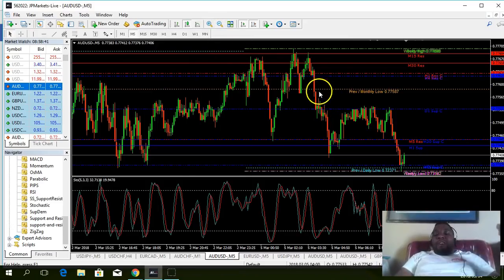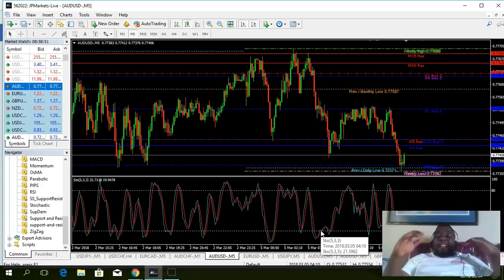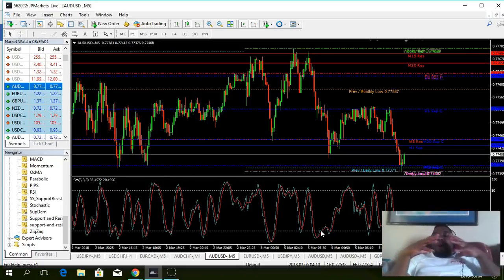If you're trading in between at this price, just because it's oversold, you're gonna have a problem. You'll find in most cases you are losing because you are trading in between the price, not at the peak or the high or the low. So it's very important to configure the indicator at the highest point or at the lowest point.